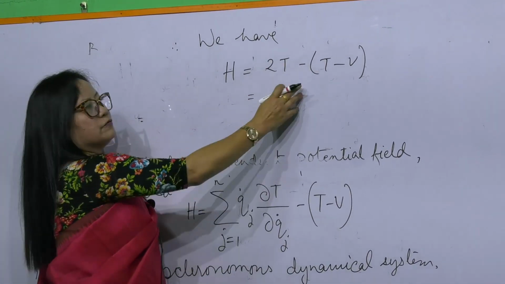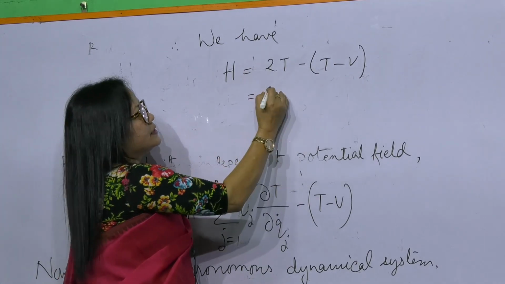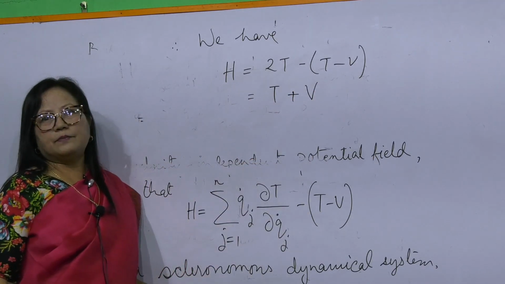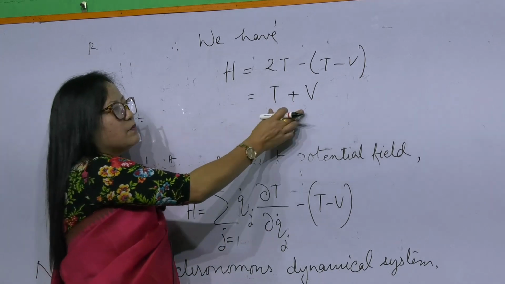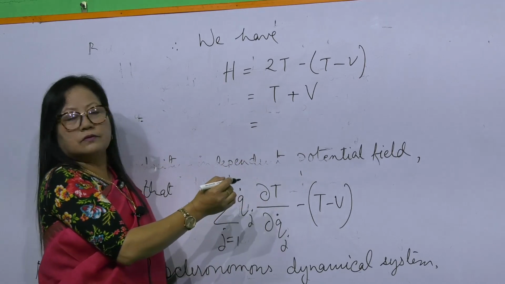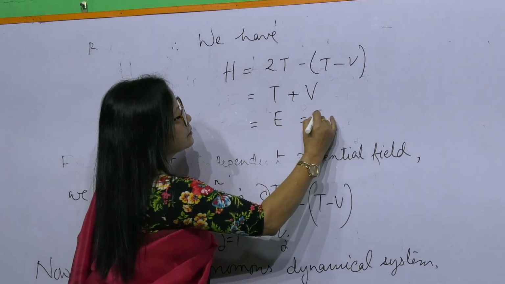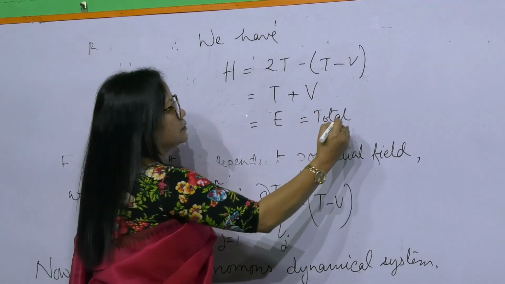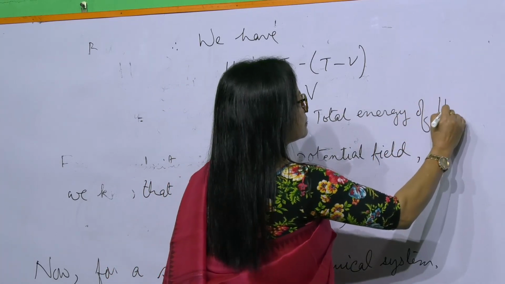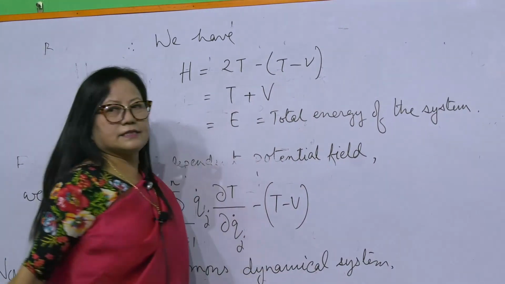This is further equal to, when we open this bracket, this becomes positive, this becomes negative, so 2T minus T is T plus V, and we know that T plus V is the sum of the kinetic energy and the potential energy, which is equal to the total energy of the system.